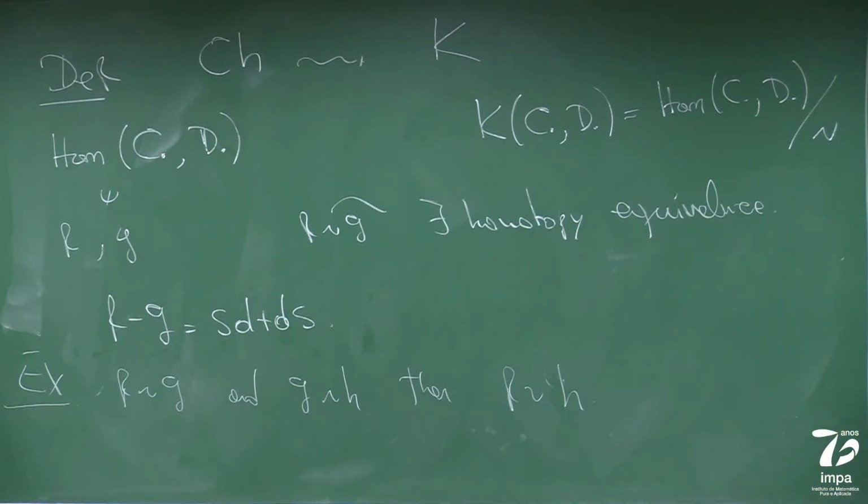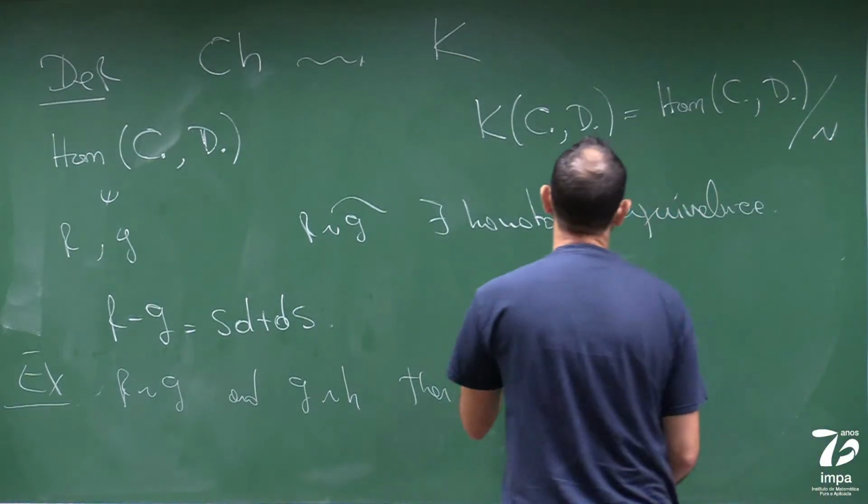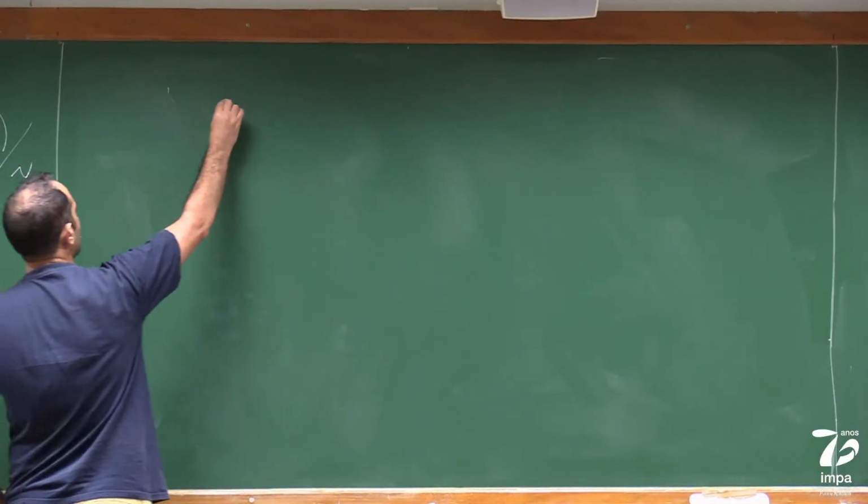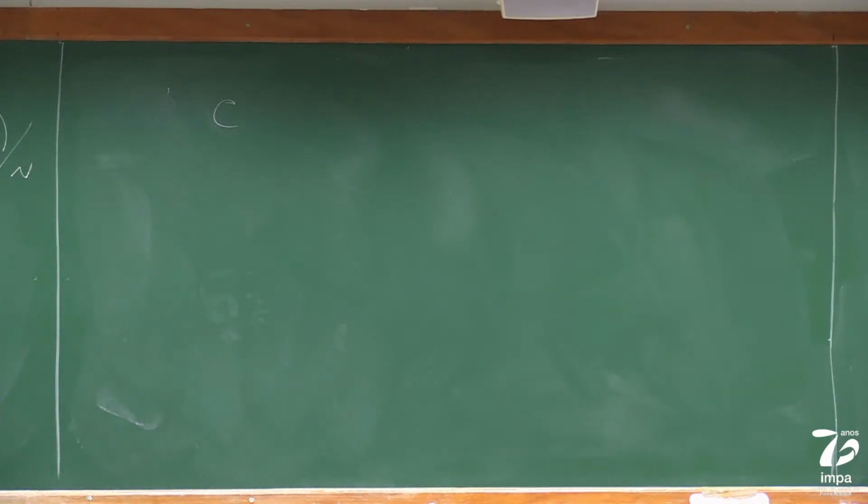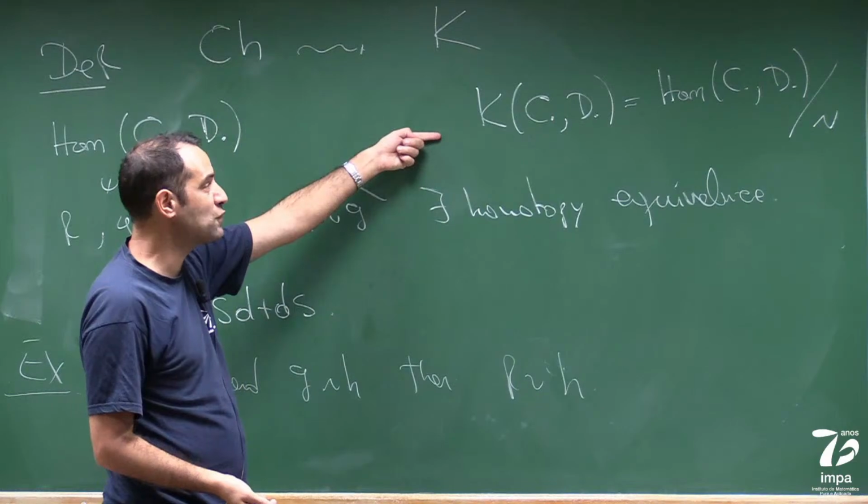Moreover, this is compatible with compositions. So that says that these K_n's are well defined, just homotopy equivalence classes of maps. But now I'm in trouble because I need to prove that I can compose maps.